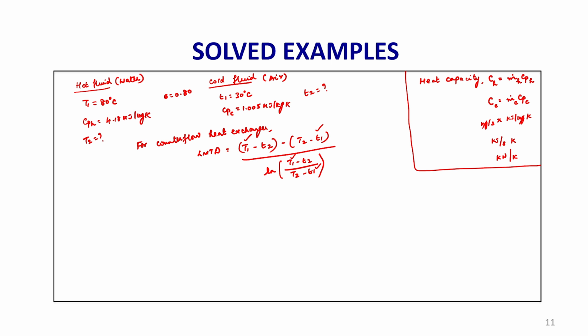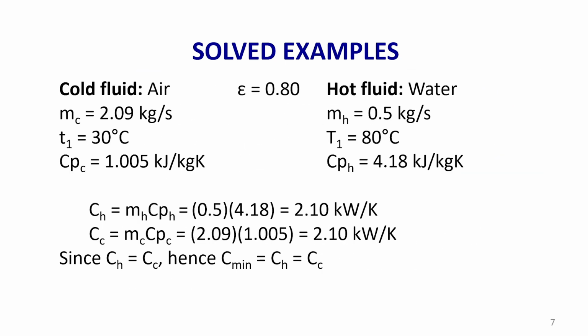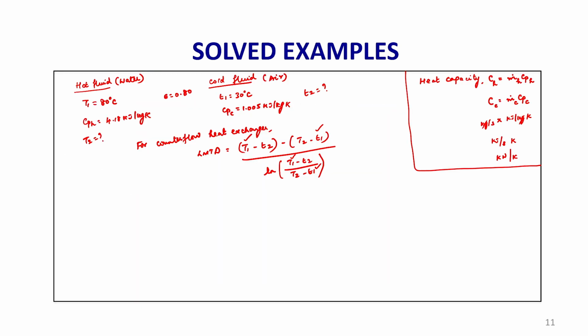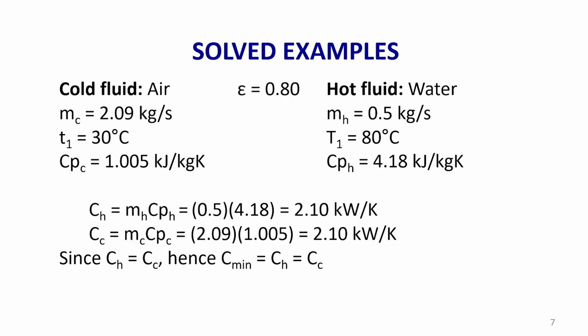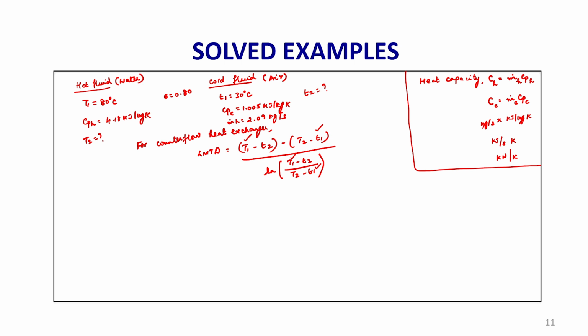Okay. So, now let us find out the heat capacity first, and before that one more data is given, mass flow rate. Cold fluid, the air flow mass flow rate is 2.09, air is the cold fluid. So, let me write 2.09. So, m dot c is equal to 2.09 kg per second and hot fluid is 0.5 kg per second, that is water flow rate is also given.